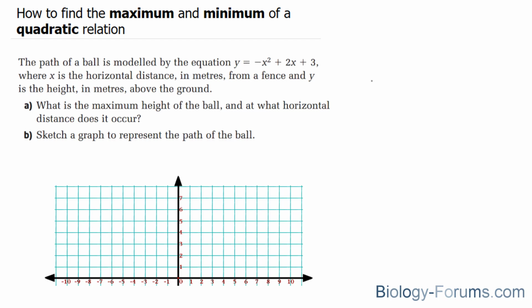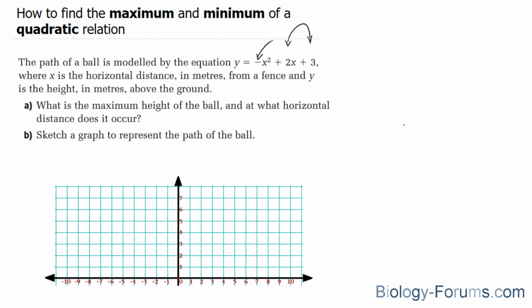We have an equation that's in standard form, and if you have an equation that's in standard form, you really can't analyze it other than understanding that the a value here is negative, so it will be a sad face parabola.